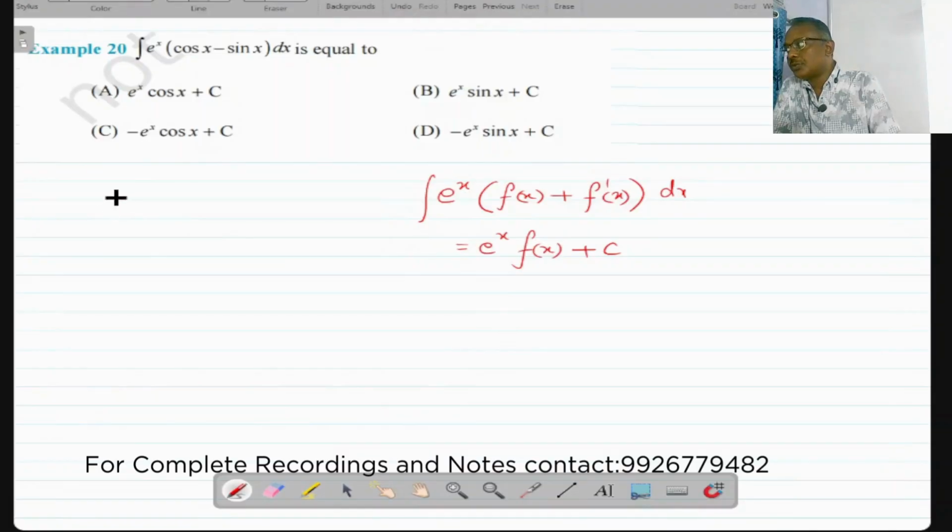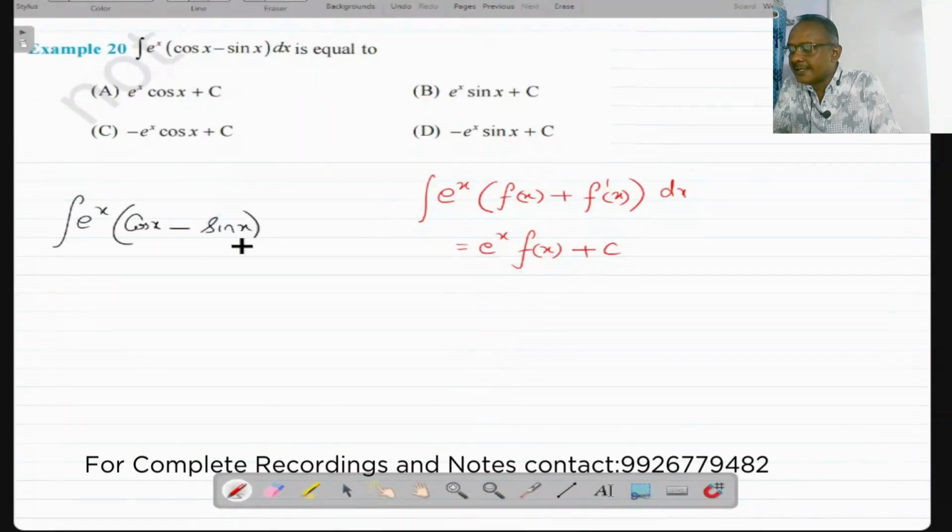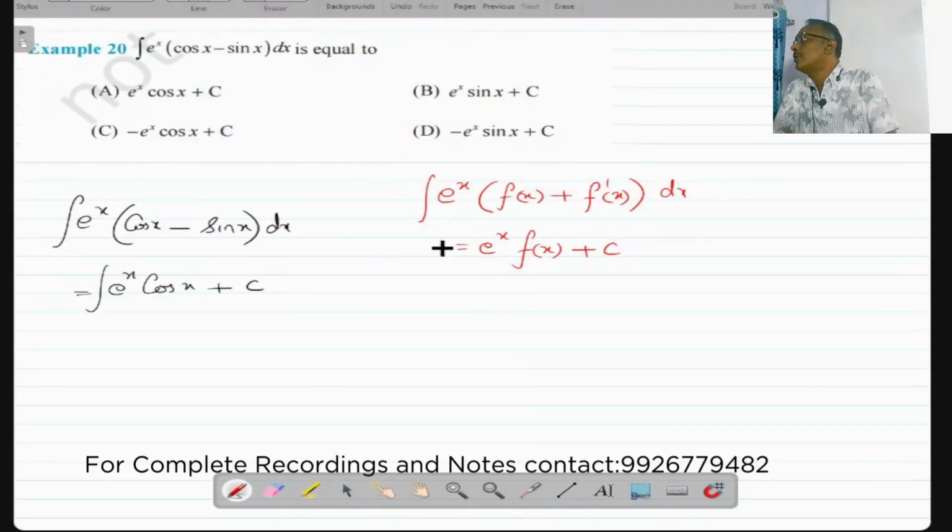In this question also, can you see e to the power x, you have cos x, and the differential of cos is minus sin x. The answer is e to the power x cos x plus C. Option A. Right. Sorry, not an integral here, cos x plus C.